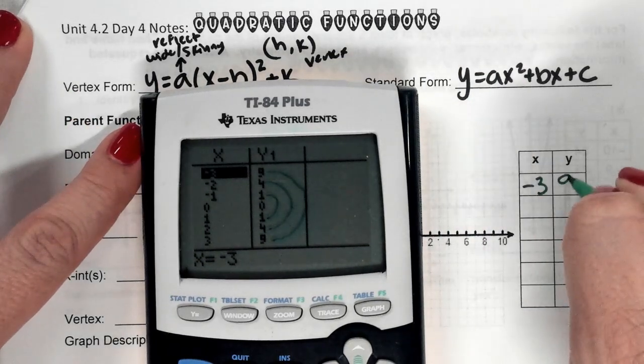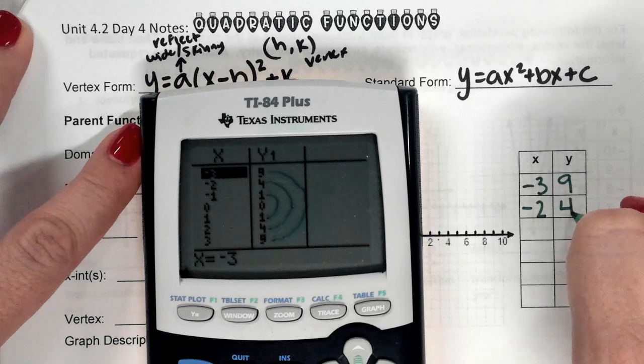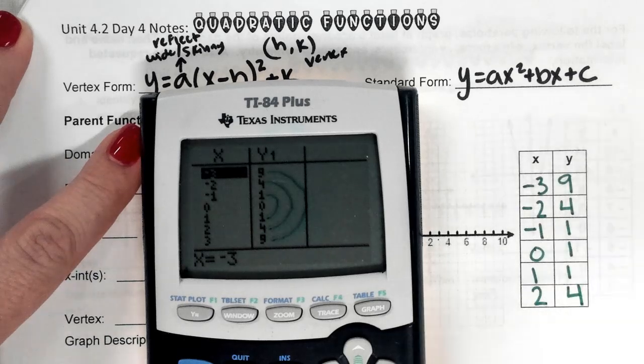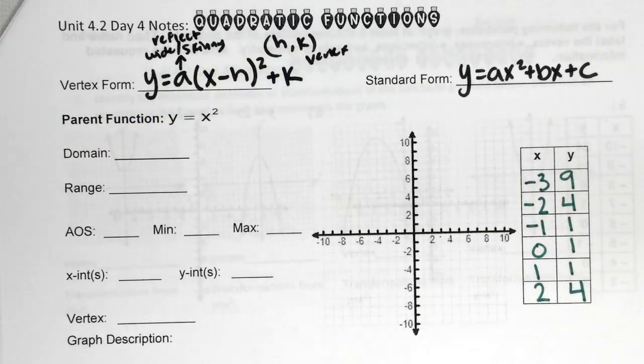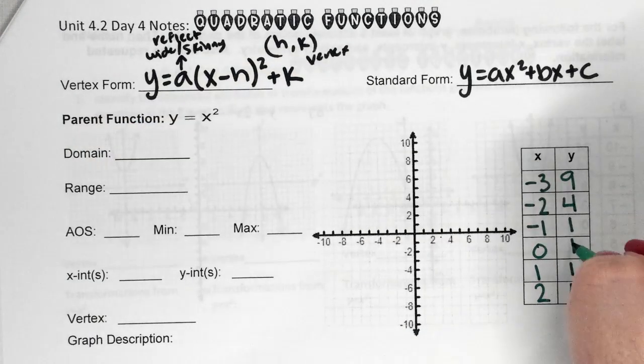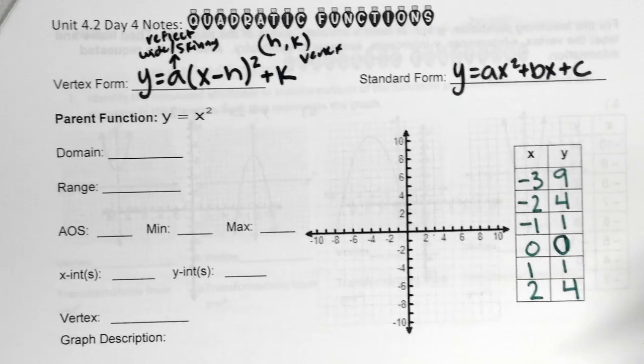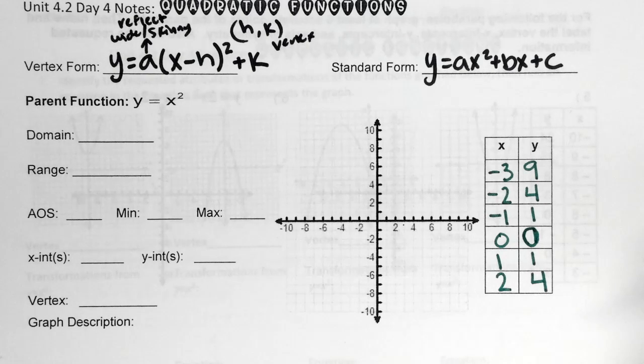-3, 9. -2, 4. -1, 1. 0, 0. 1, 1. 2, 4. Oh, I did not do that right. Anyways.